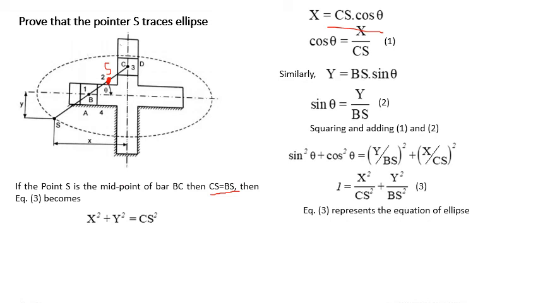So the entire equation becomes x square plus y square is equals to CS square. So this equation represents the equation of a circle. Therefore, if the pointer S is shifted to the intermediate point between CB, it traces the circle.